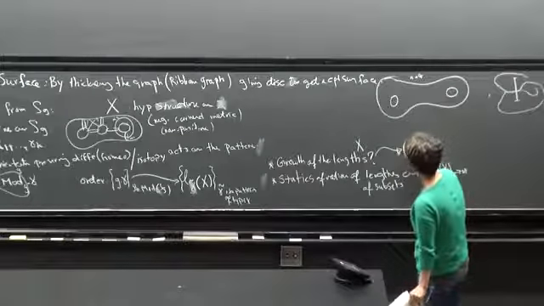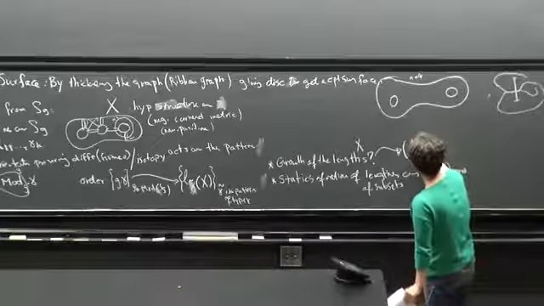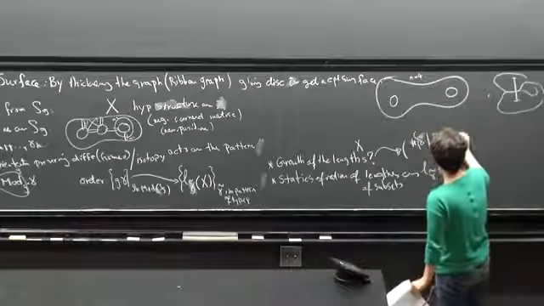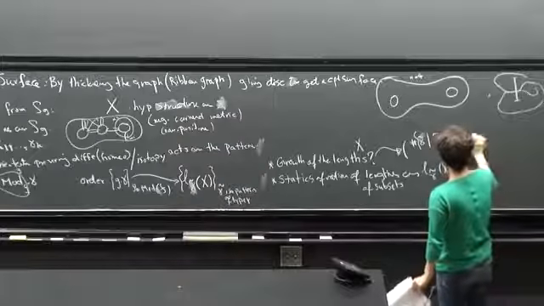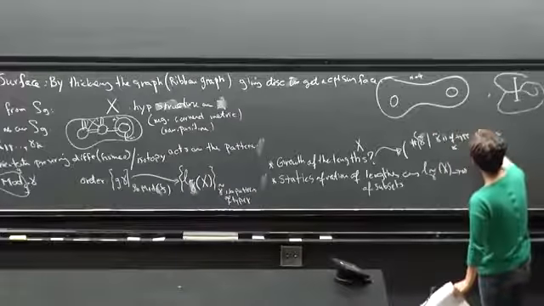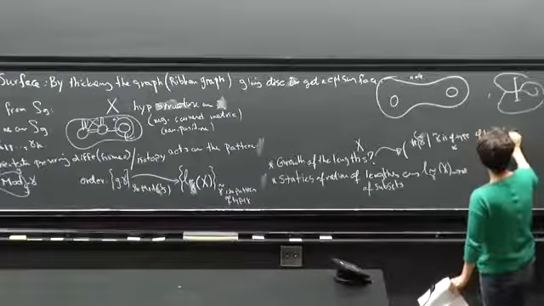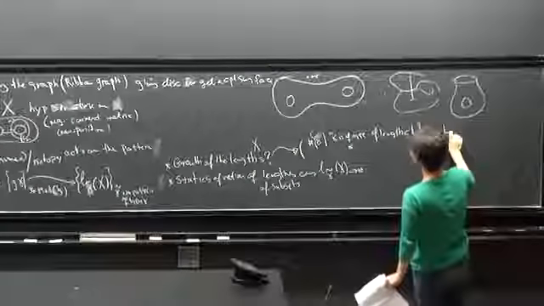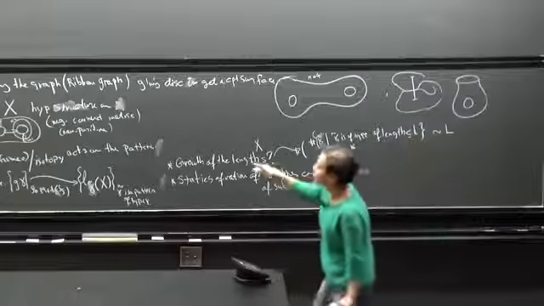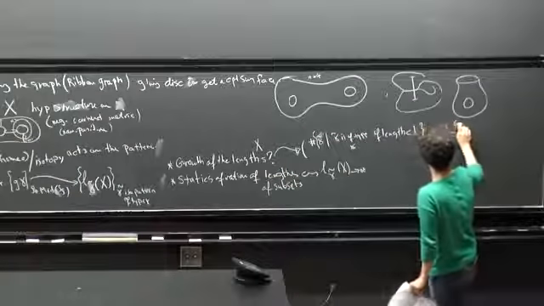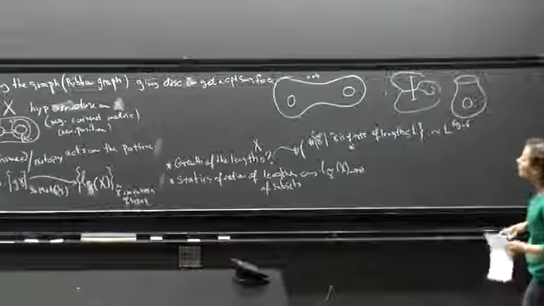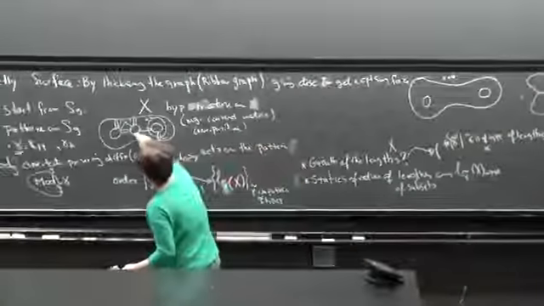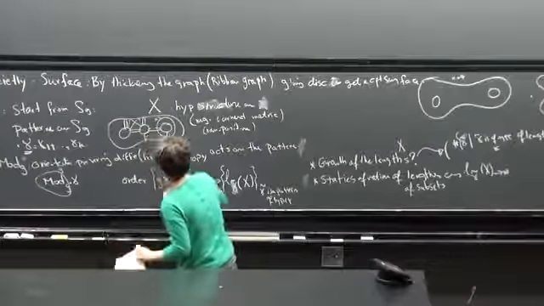So the number of gamma tilde of type gamma of length less than or equal to L grows like L to the, if you have genus G, L to the 6G minus 6. So it can be anything you want.